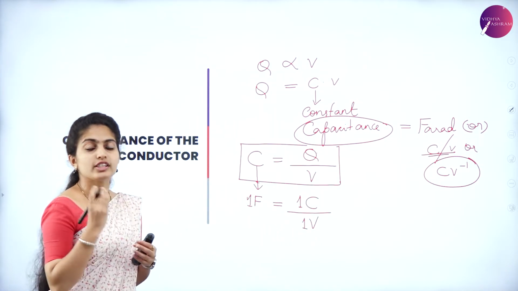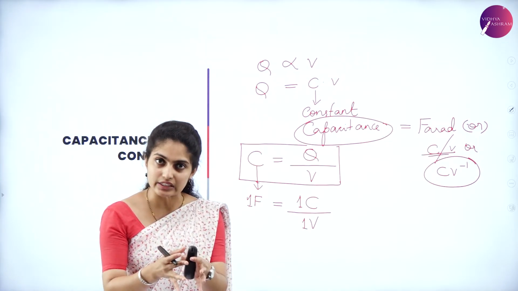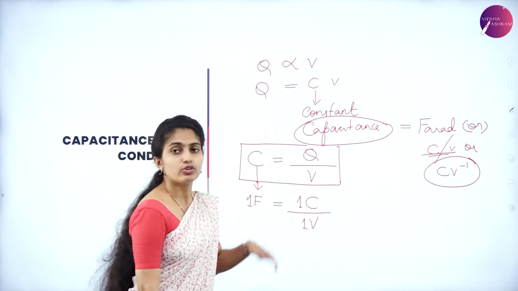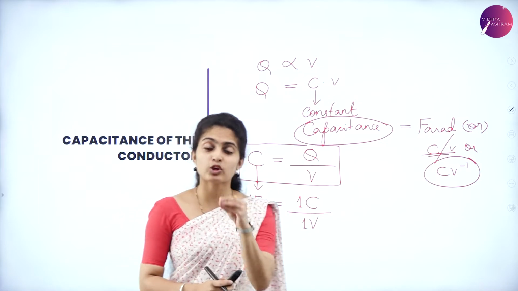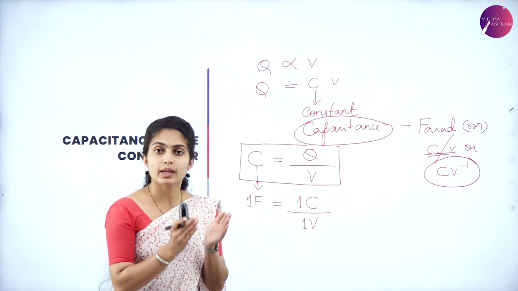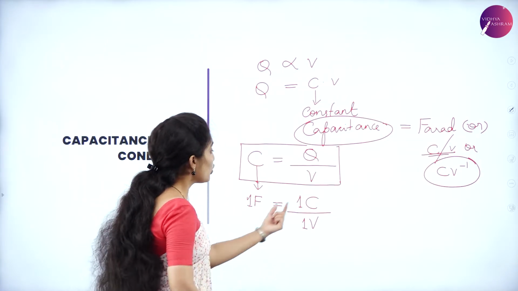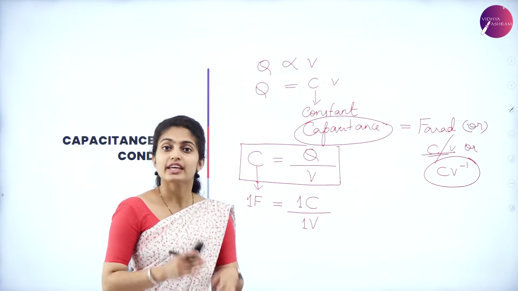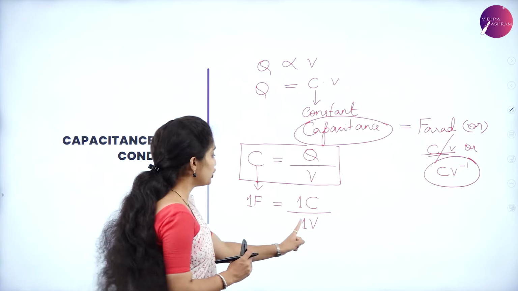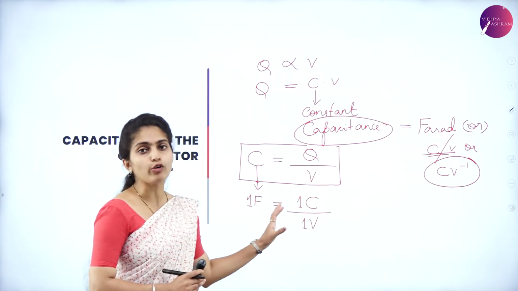Capacitance of a conductor is the ratio of the charge to the rise in its potential. But when can you say the conductor is 1 farad? When 1 coulomb of charge is required to raise its potential to unity. Unity means it is 1. So that is the concept of 1 farad.